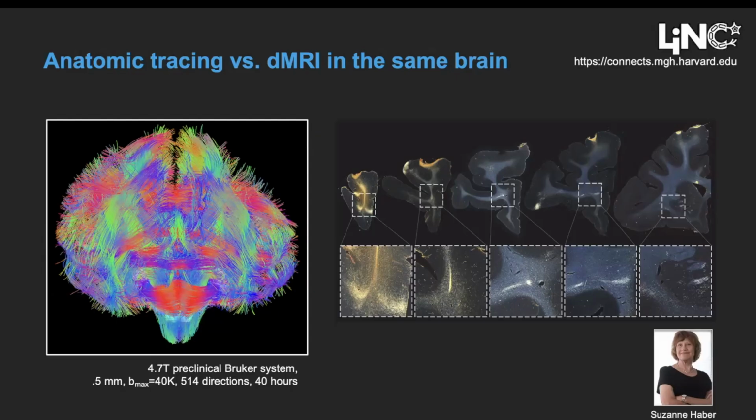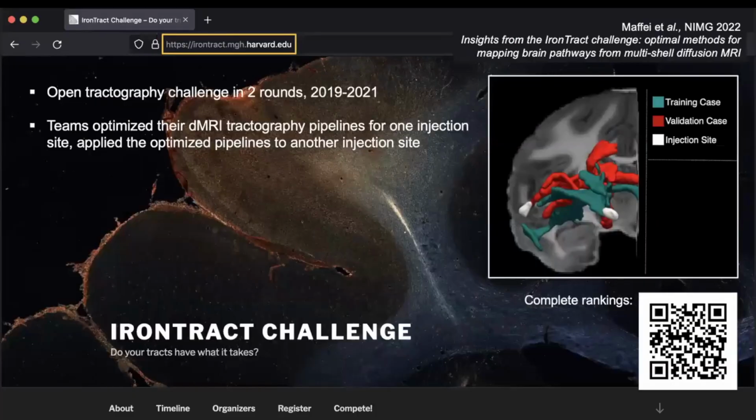And we've done some of our own studies, but we also made some of these data publicly available as part of an open tractography challenge that we organized a few years ago.